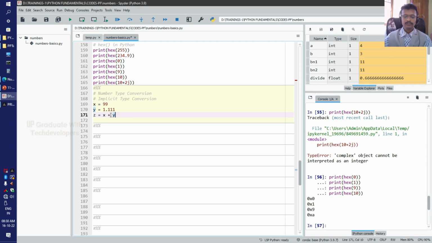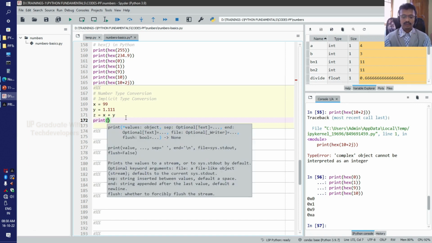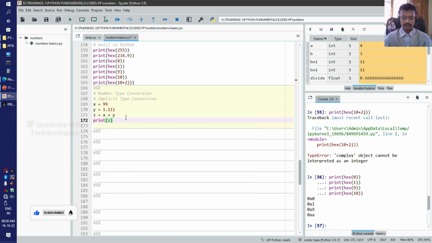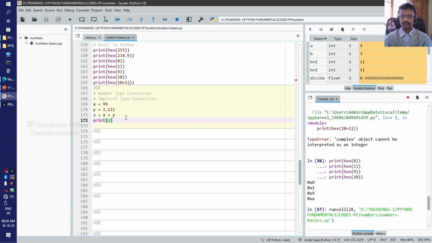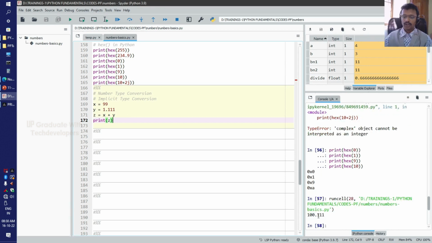So this addition will convert x to a floating point value first, and then it will add 1.11 to that floating point value. Let us print the result g. Here we got 100.11.